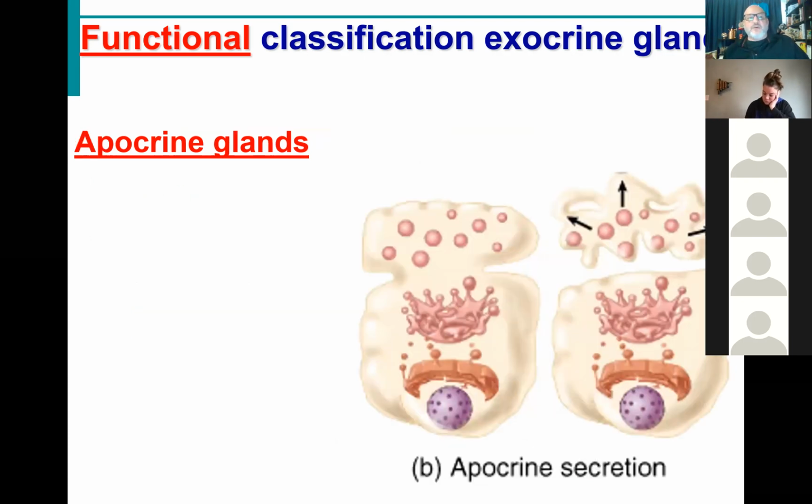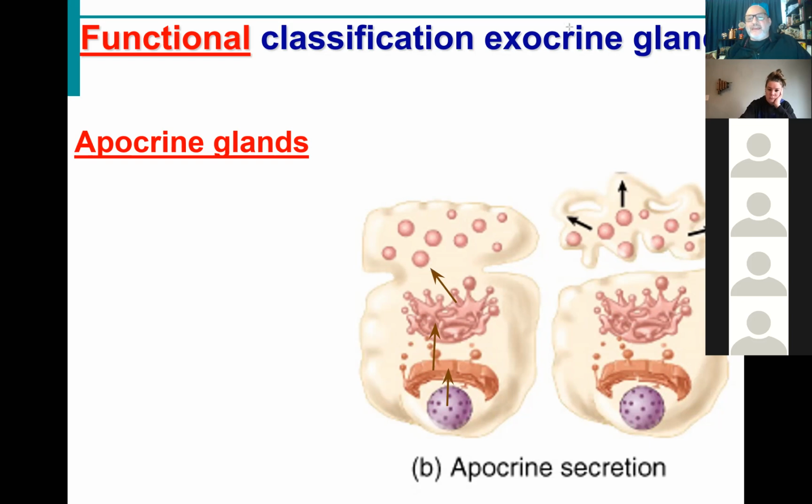The next method is what is known as the epicrine mode of secretion. Notice the process starts in a similar fashion. Messenger RNA, sequence of amino acids, make a functional protein, stick that functional protein into a vesicle. But notice this time the vesicle accumulates in the apical portion.